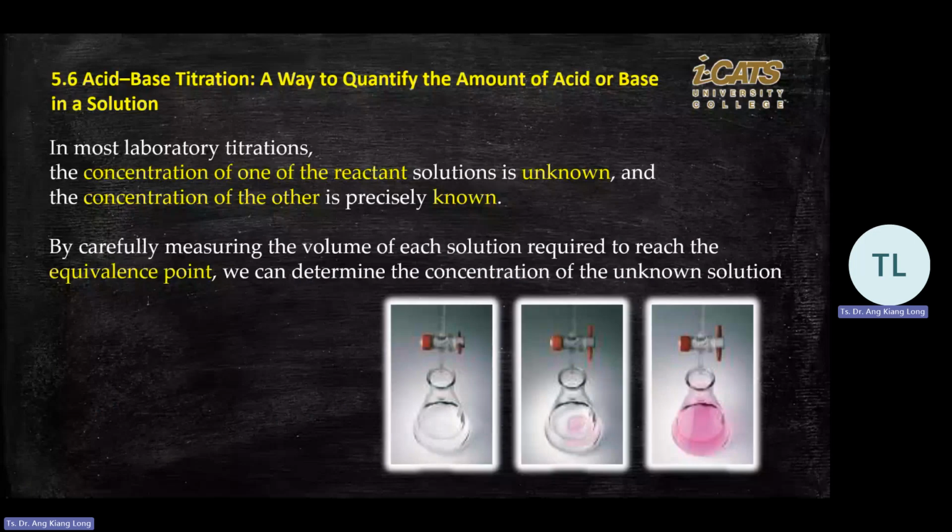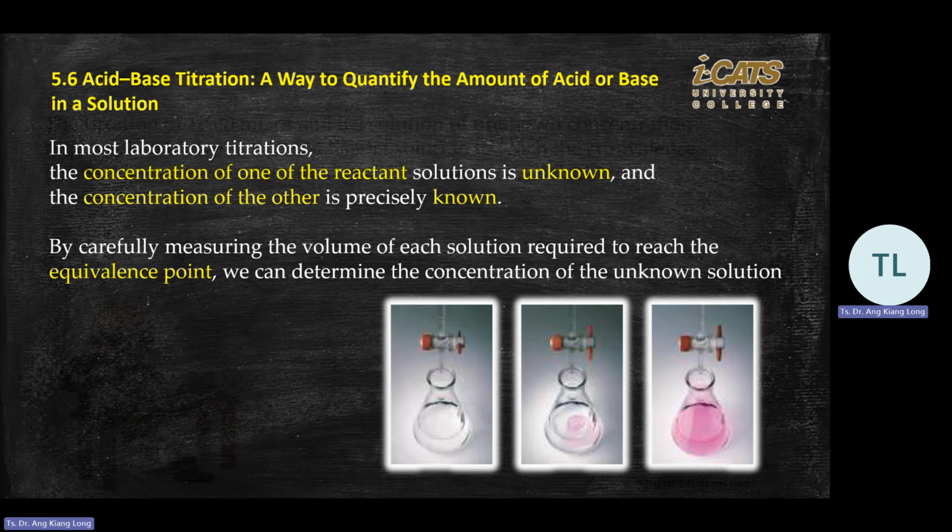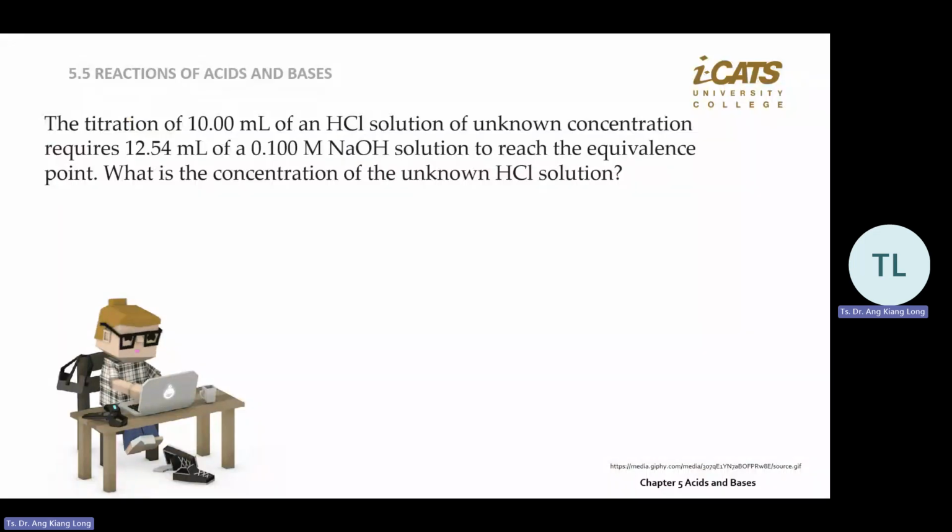So let's try to solve how to reach the equivalent point. Again, you need to understand what the equivalent point is: the number of moles of OH equals the number of H plus. H plus plus OH negative equals water, H2O. It must be balanced. This is the kind of question you will see in test 2 or the final exam.